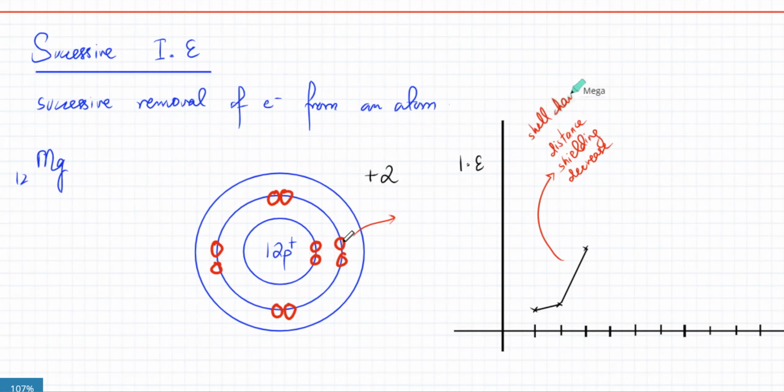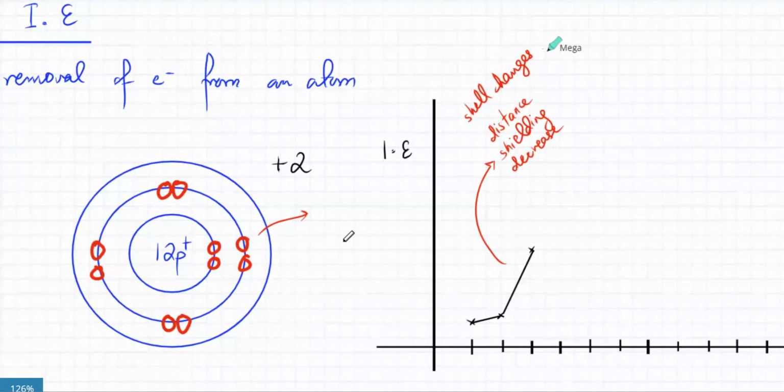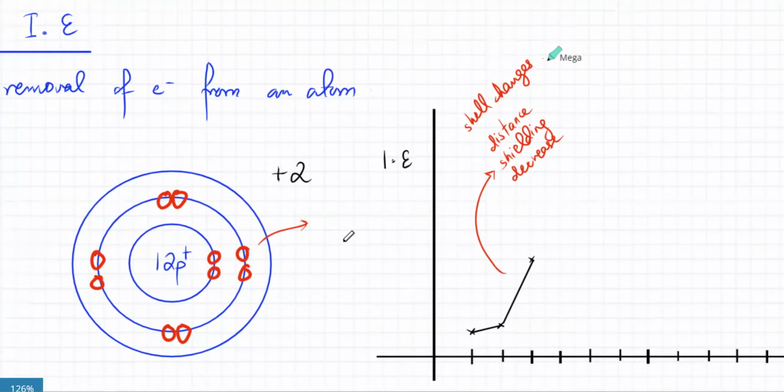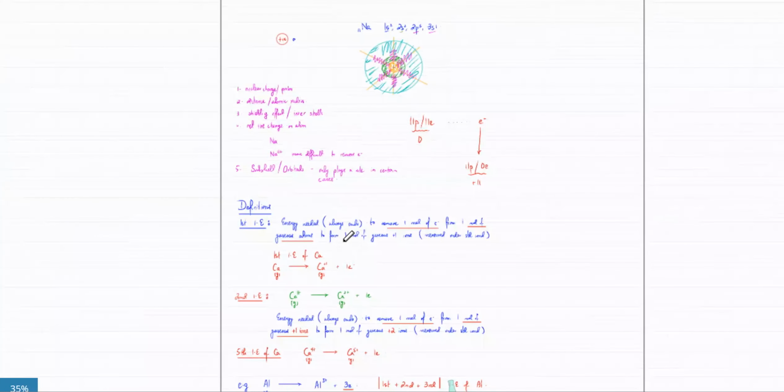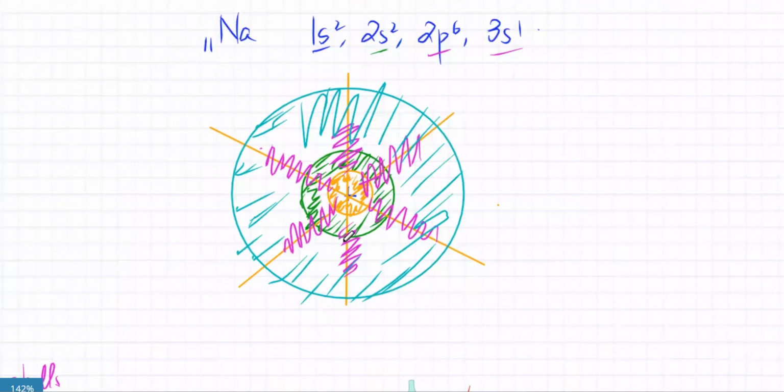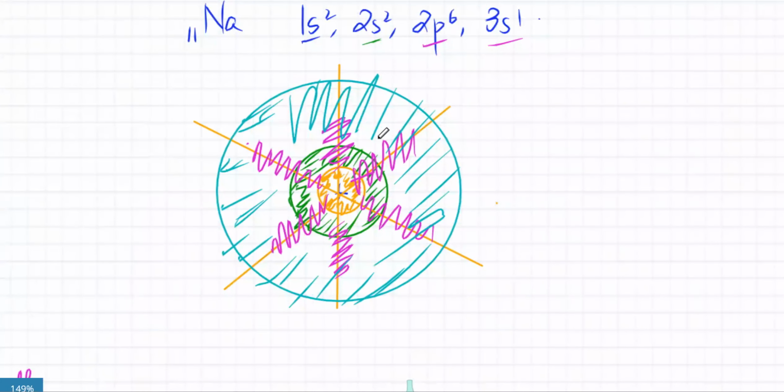Sir, can we do this with the electronic configuration, like 1s2, 2s2? These kinds of questions. You can do this, but I told you that the type of subshell is not that big of a factor. Whether you're removing electrons from the 2s spherical orbital or the 2p, which is dumbbell shaped, it's the distance and the shielding that really matters, not the shape of the orbital.